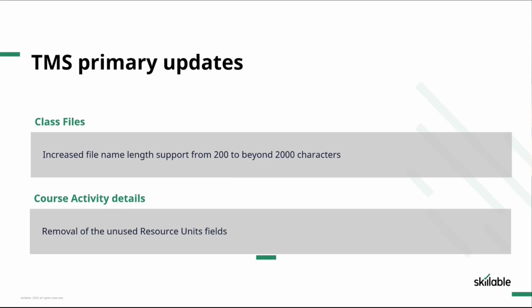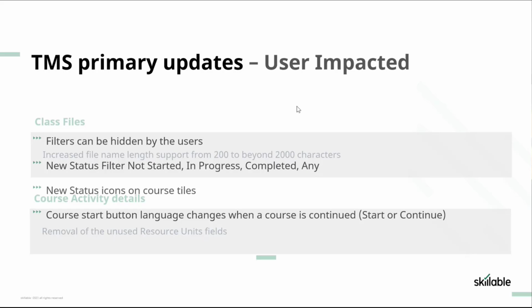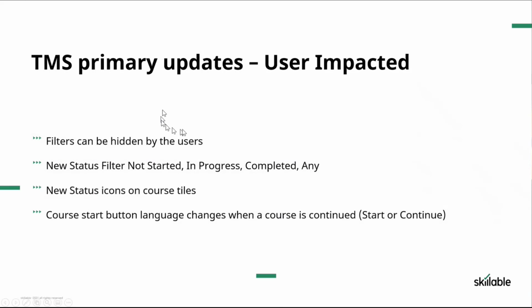We actually used to get a few support calls from people asking what this resource units field means. Ultimately it doesn't mean anything because it's not used by anything, so it's just gone. If you've never noticed it, you won't notice it now because it's been removed, so there's no real impact.